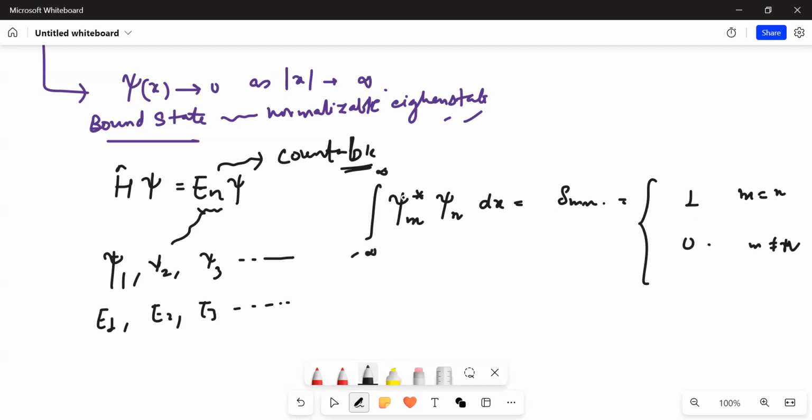In the terminology of vector space, this is also called the inner product. So this is the condition for orthonormality.